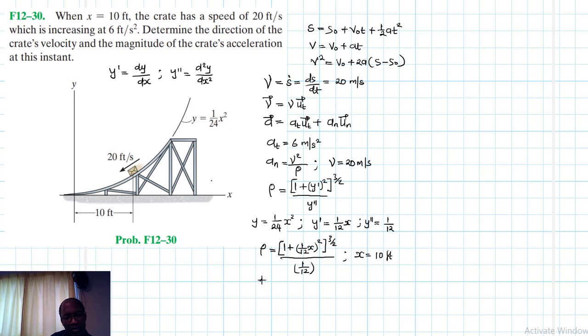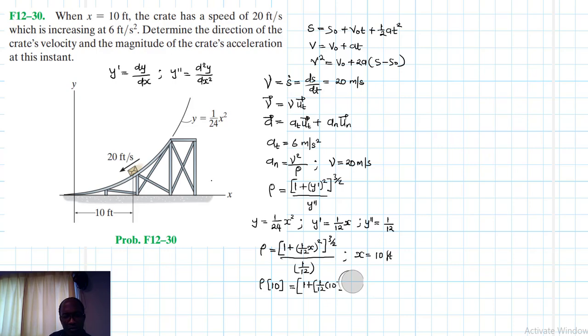So rho at x equal to 10 becomes 1 plus 1 divided by 12 times 10, the whole lot squared, and then the whole lot to the power 3 over 2.